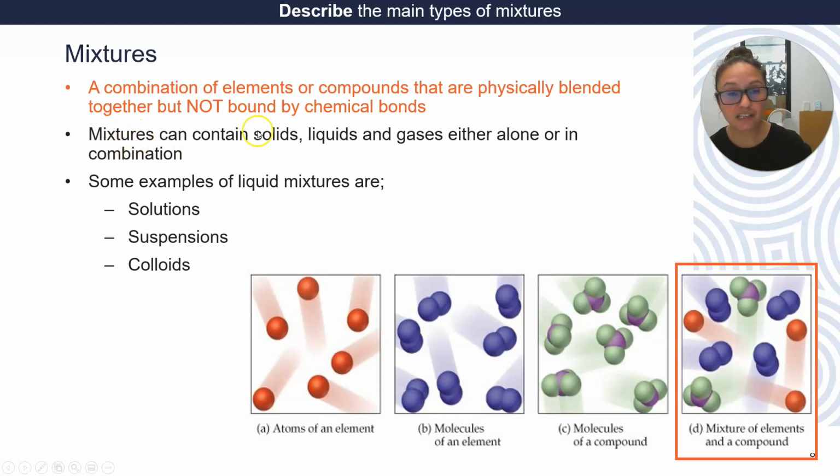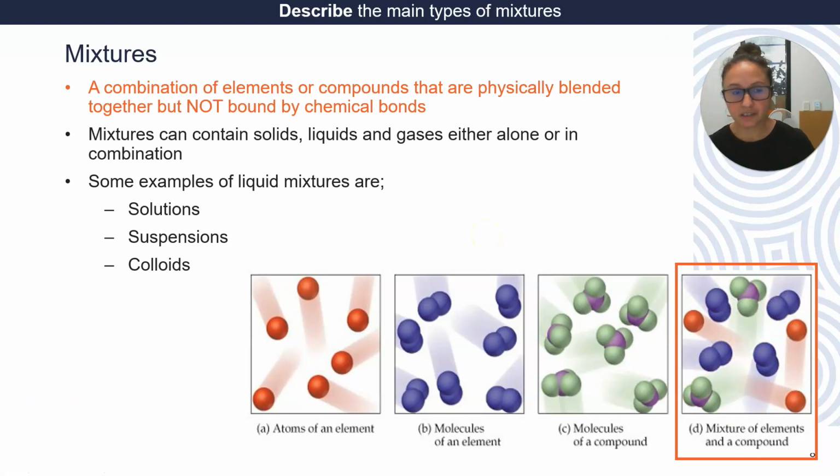So mixtures, you can have solid, liquid, and gases. See that? These ones are joined by chemical bonds, yes, but these ones aren't. That's the difference.